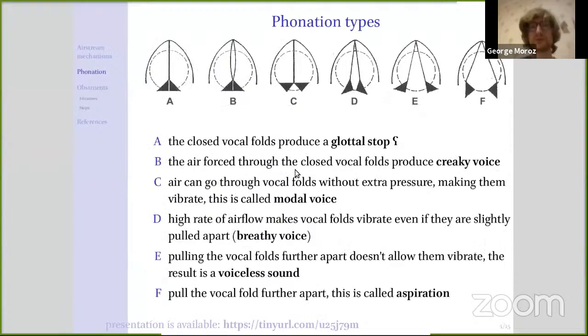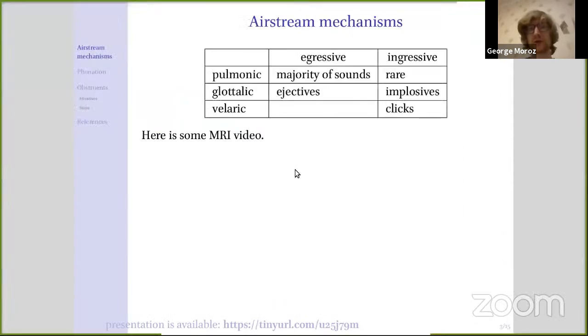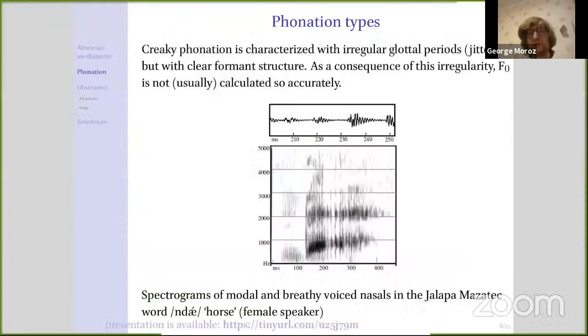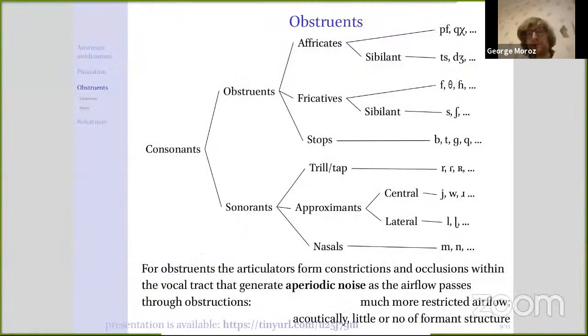So we discussed different phonation types and airstream mechanisms, so we can move further to different types of obstruents. They are actually more or less the same, but a little bit different. What we discussed is that all consonants could be divided into obstruents and sonorants.